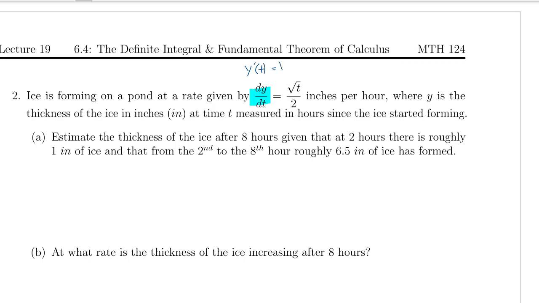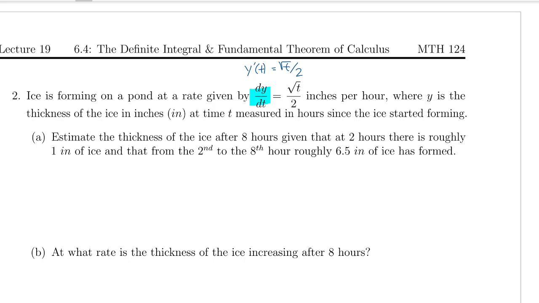So this problem gives us this function, the derivative of y, which is the rate of ice formation on a pond, t hours since the ice started forming, and they want us to estimate the thickness of ice after 8 hours, given that at 2 hours there's roughly 1 inch of ice, and that from the 2nd to the 8th hour, approximately 6.5 inches of ice have formed.